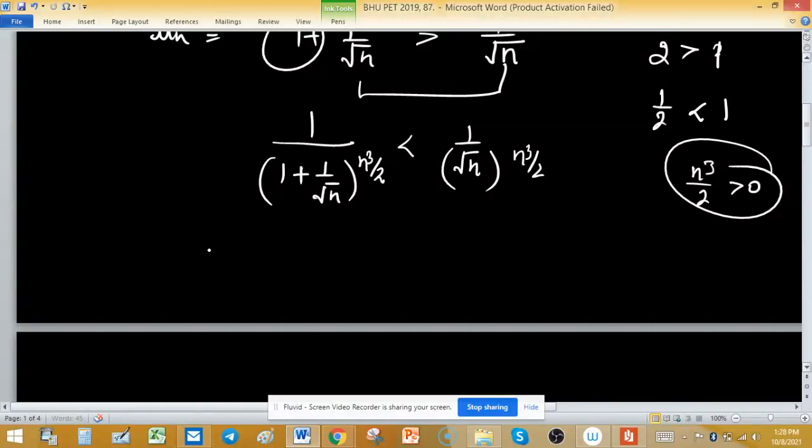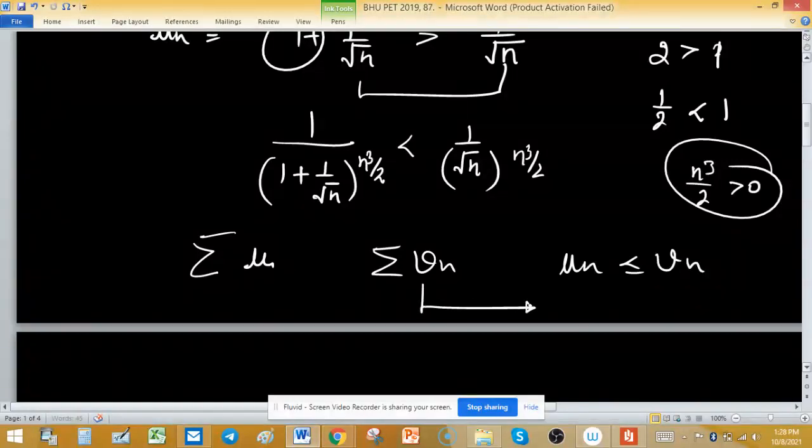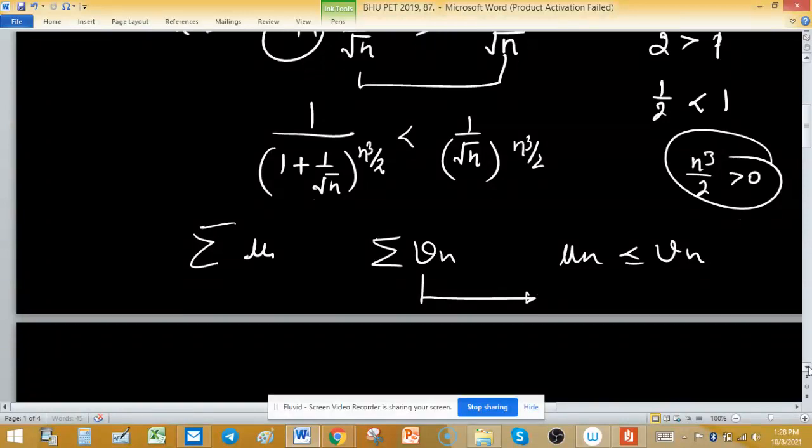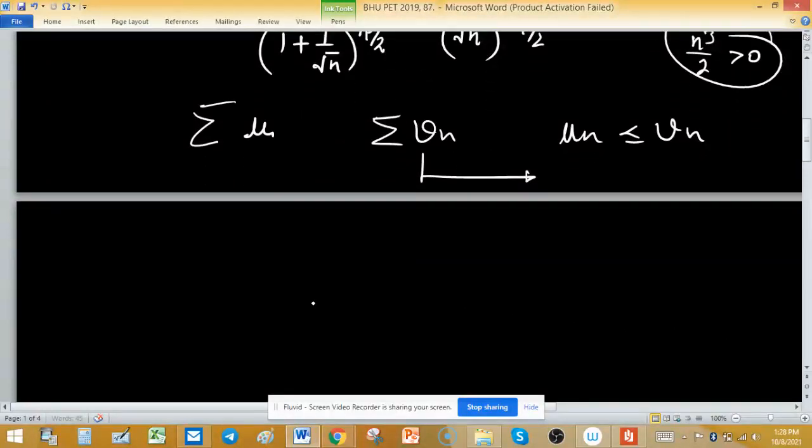So recall one theorem: if summation un and summation vn are two series, and for their terms un is less than or equal to vn, then convergence of vn implies the convergence of un. So I am going to test whether 1 upon root n raised to the power n cube by 2 is convergent or divergent. If this is convergent, then I can say the given series is convergent.